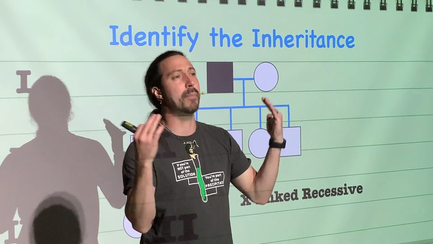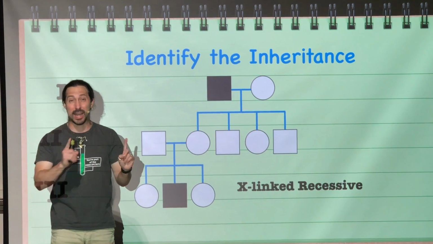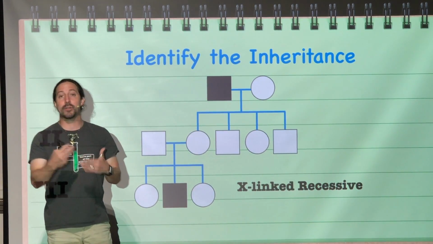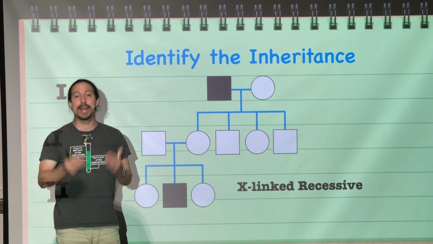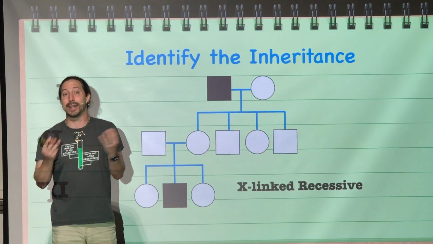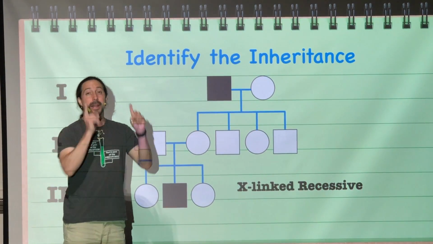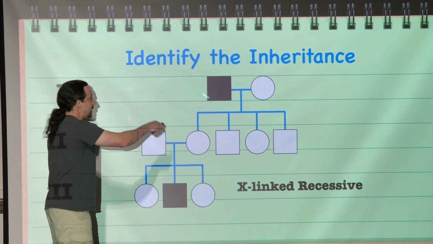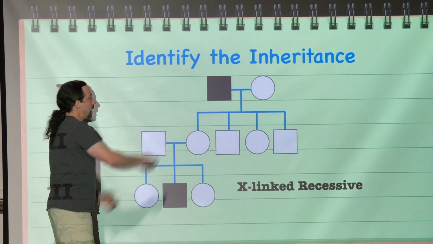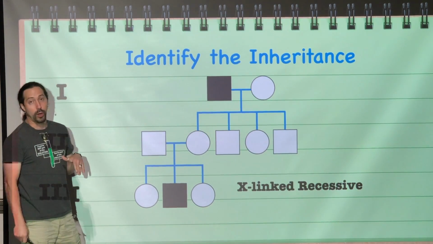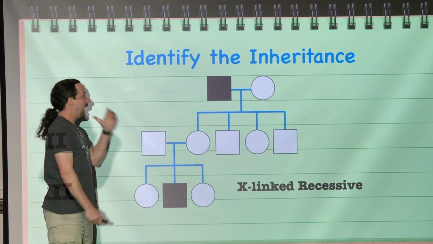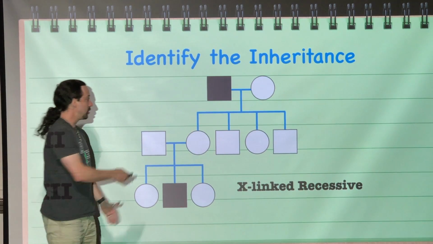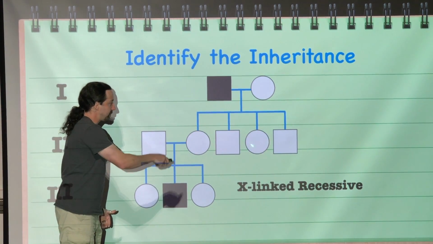Why do we think it might be X-linked and not autosomal? Well, we can't say this for certain. This pedigree isn't large enough to exactly rule out autosomal inheritance, but it's probably X-linked because this parent right here, the individual 1-1, the male parent, would have had to pass on their X chromosome to their female offspring.